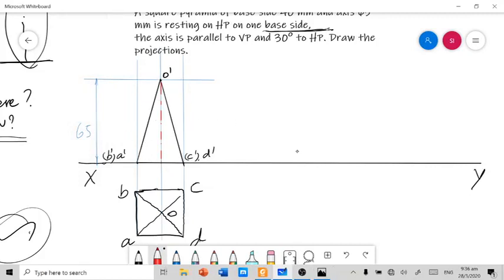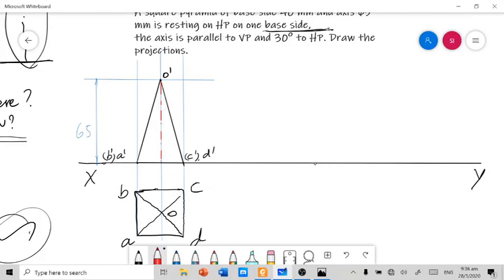In the third stage, you need to include the axis inclination of 30 degree to HP, and for that you simply need to redraw this lateral view in a tilted manner, and you should maintain the axis inclination of the solid with HP as 30 degree.